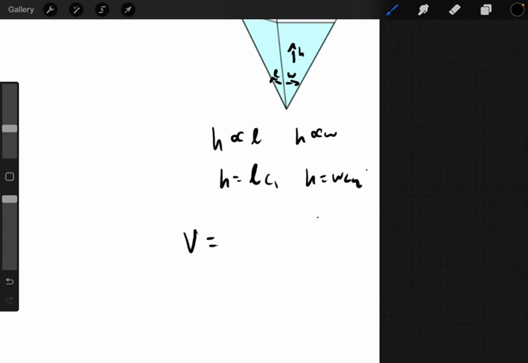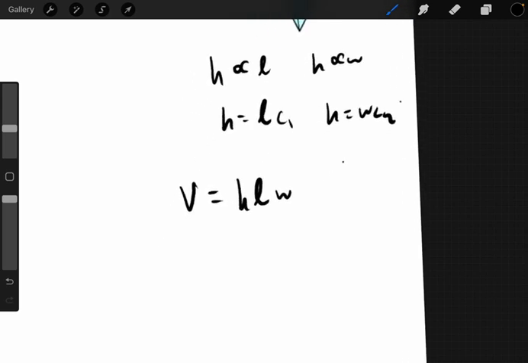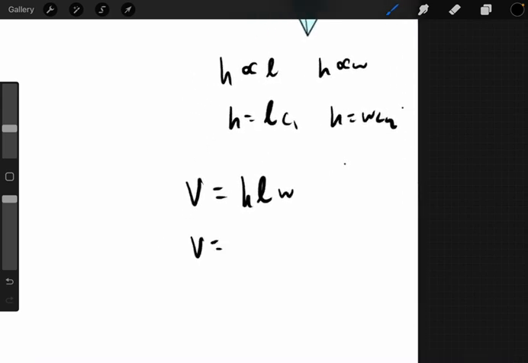So as you saw before, volume equals HLW. I'll solve for L, putting it in terms of H. L is going to be H times some other constant, I'll call it C3.